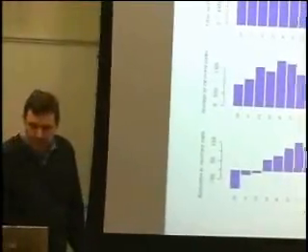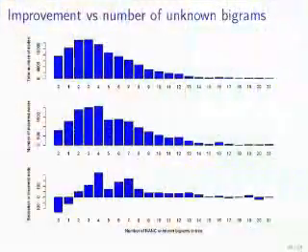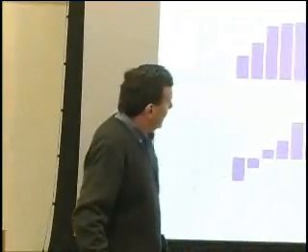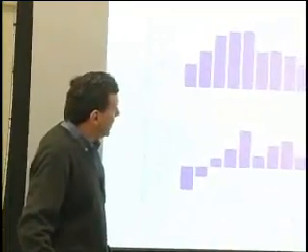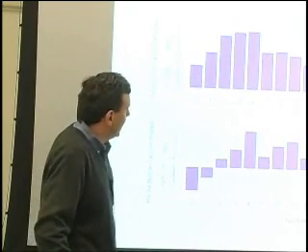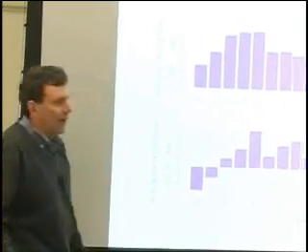Now, I'd really like to end on that slide, except that we also get the same sort of improvement for unknown bigrams, and I don't really have a story as to why. Again, if the test sentence contains bigrams that were only seen in the unlabeled training data, we're likely to improve its accuracy.